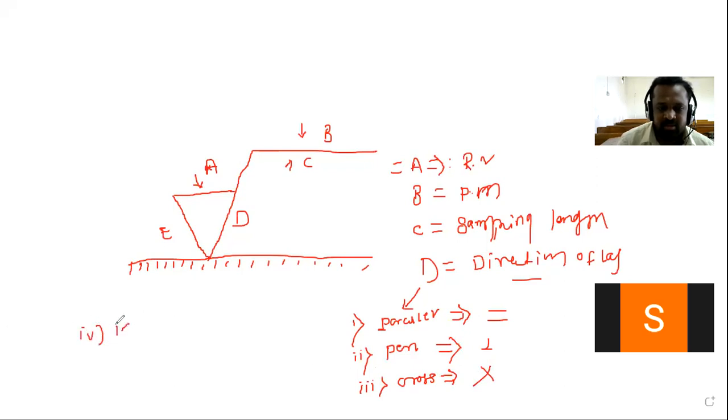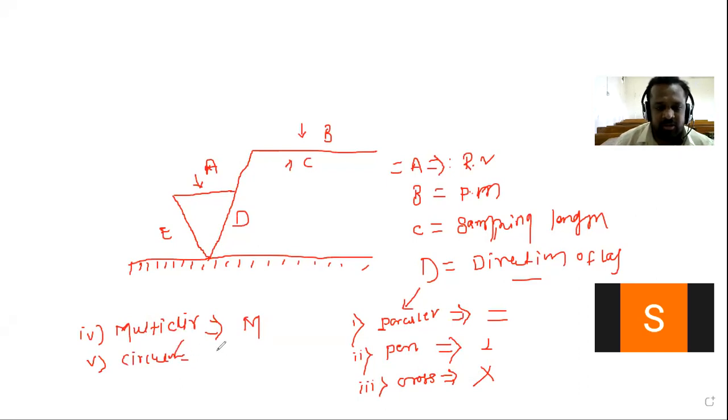Multi-directional, and the symbol for multi-directional will be M. Then circular. What is the symbol for the circular?